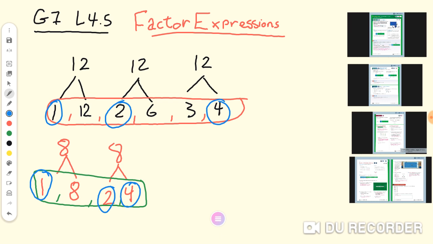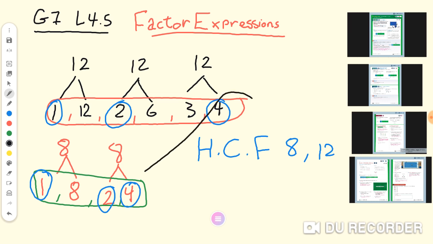What is the highest common factor of 8 and 12? Actually, the highest one is 4, so the highest common factor equals 4. So now it's a small introduction to what factors are, what the highest common factor is, and how we can determine it.